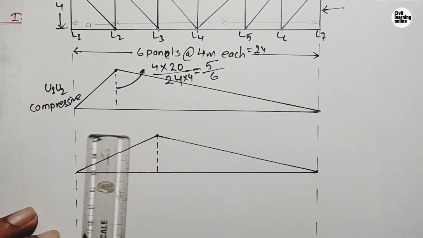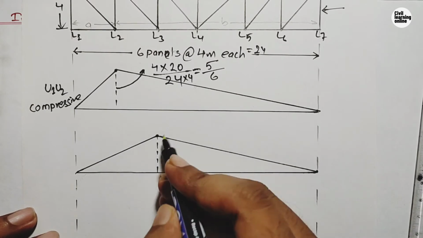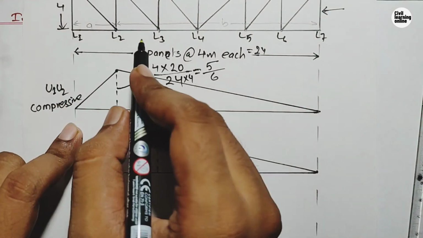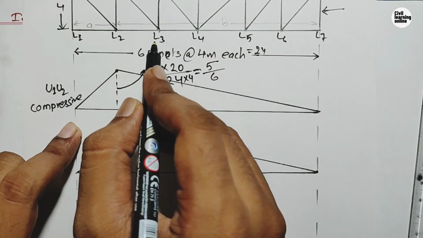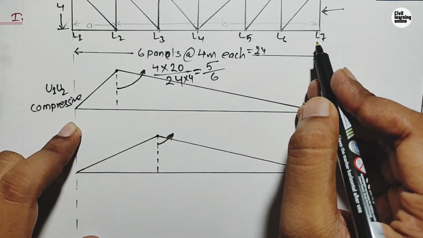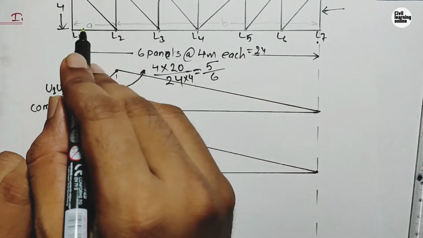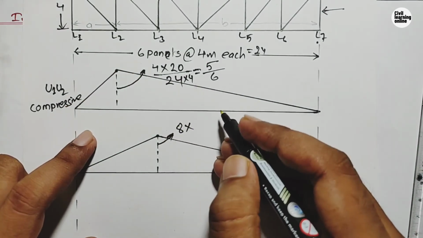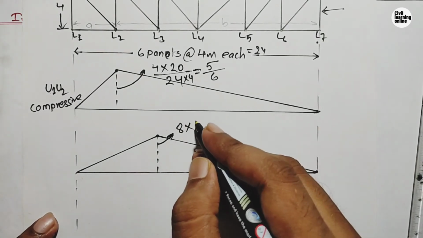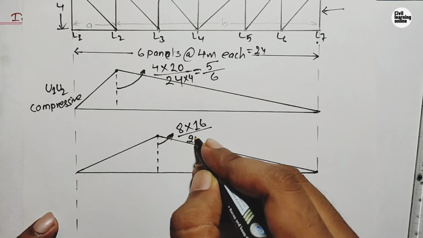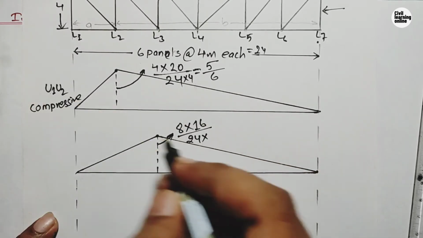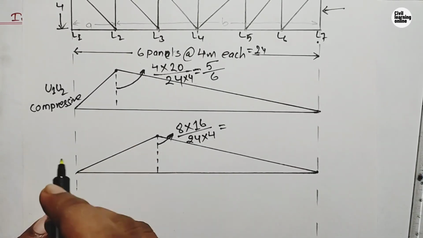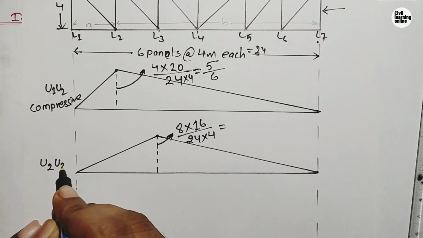And if you ask me what the value here will be, then see here, again we will use the concept of calculating the moment, and this time for L3, from here to here it is going to be A, and from here to here it is going to be B. So its span is 4 meters, so 4 plus 4 is going to be 8, times 16 divided by 24, times the height of the truss, which is 4, and this is going to be the height of the influence line diagram for u2 u3.